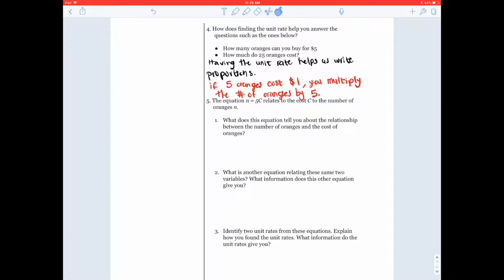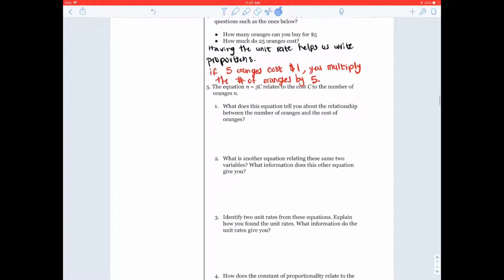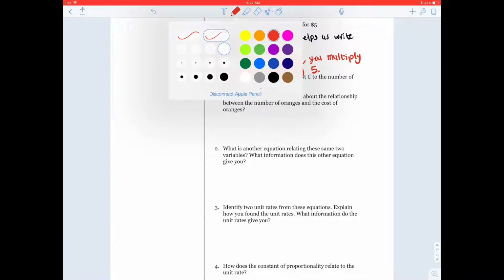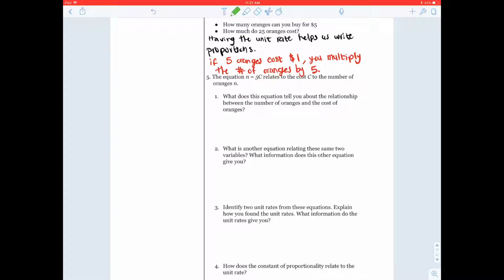All right. Let's talk about question number 5. Question number 5 is a little strange for us, but we're going to talk about this. First, whenever we look at an equation, we want to figure out what each part of the equation means.